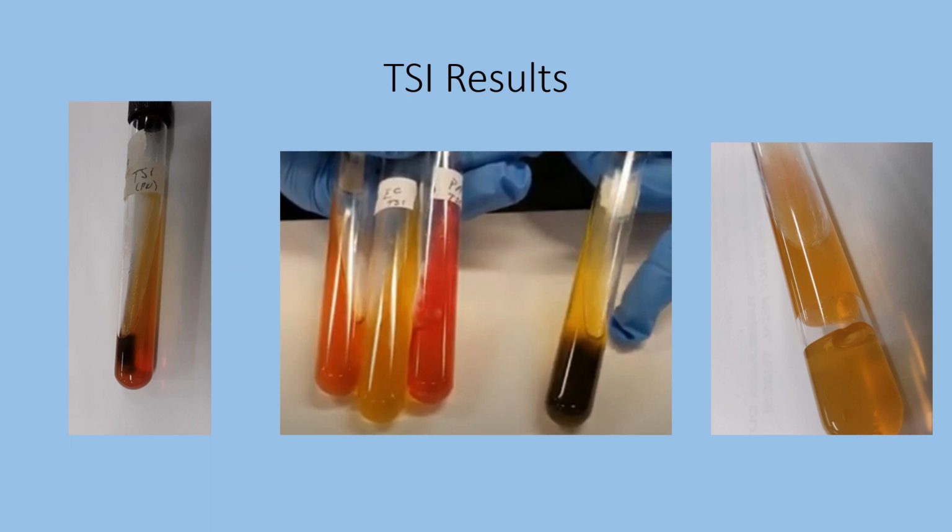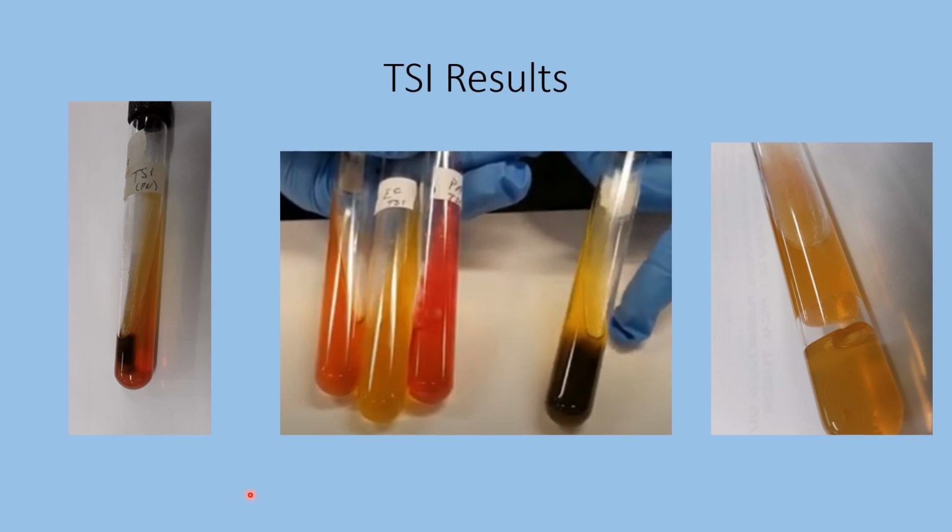So in this series of pictures, it shows some examples of potential results that you might see. Over on this one, you can definitely see that there was some hydrogen sulfide produced, that you see the black there. Looks like the butt is still alkaline and the slant is slightly acidic.